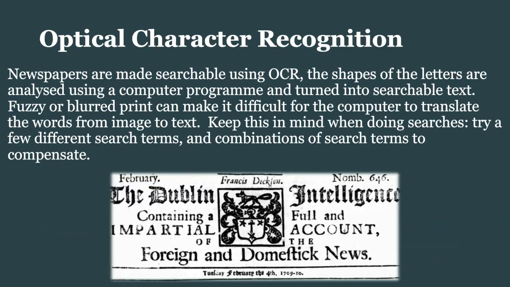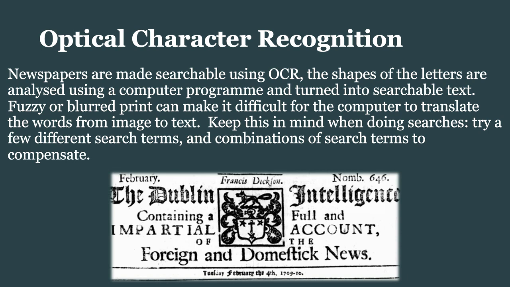Newspapers and how we search them. So we know that newspapers are not indexed in the same way as historical records. Nobody sits and types up every word that's in a newspaper. Instead, we use something called optical character recognition. In essence, the computer takes a picture of what it sees and attempts to turn that into text.